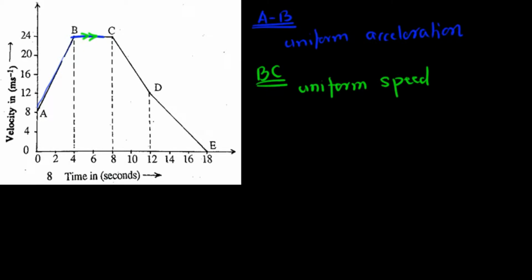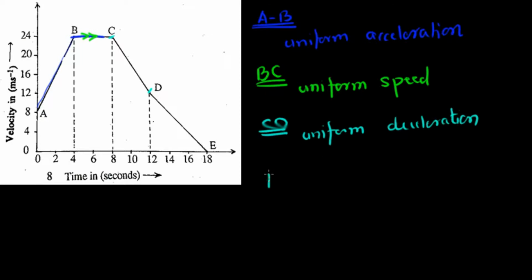And then there is another part, the part CD. You can see that there is a drop in the value of velocity, so it seems like a uniform deceleration. I will not even be giving it a second thought.